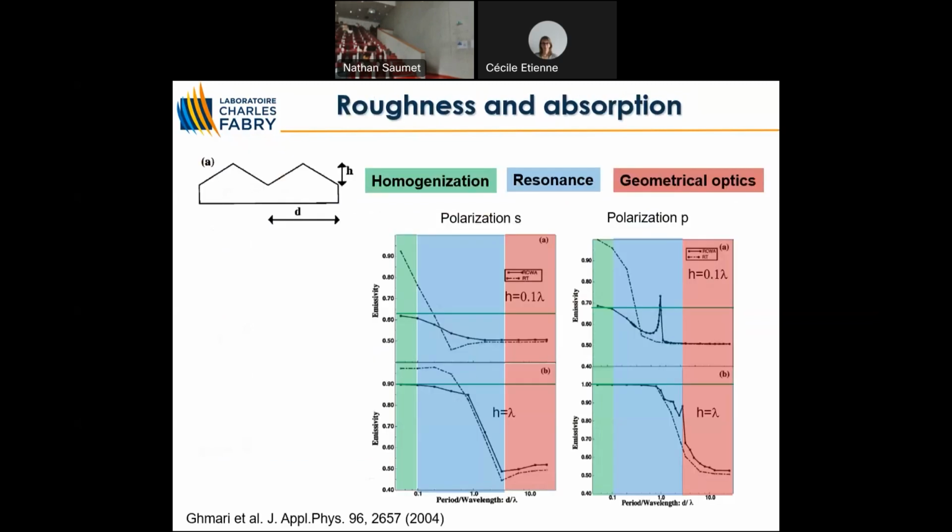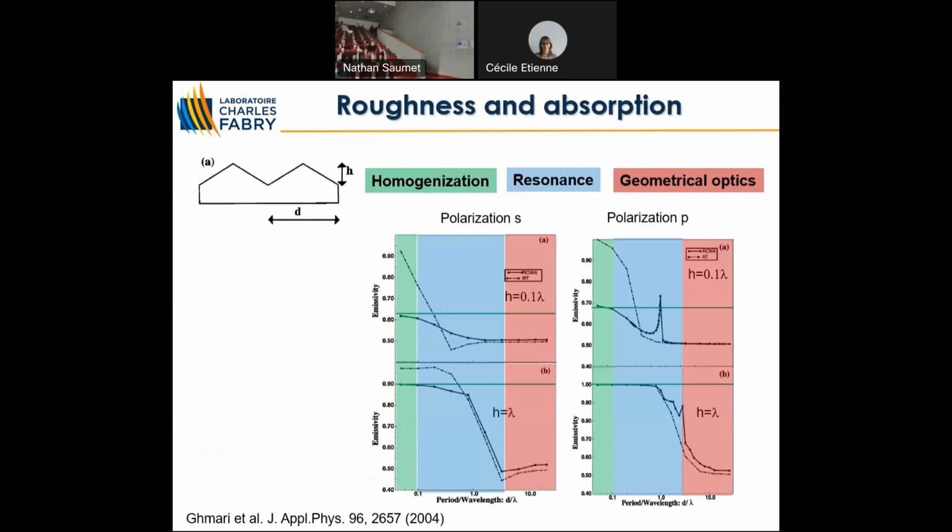Then in the middle, you have this so-called resonance regime. What I'm plotting here, in dashed line, is the ray tracing calculation, so the geometrical optics calculation. We compute the absorption using geometrical optics. Plain line is a rigorous solution of Maxwell's equations. So that's the reference. This is valid everywhere.